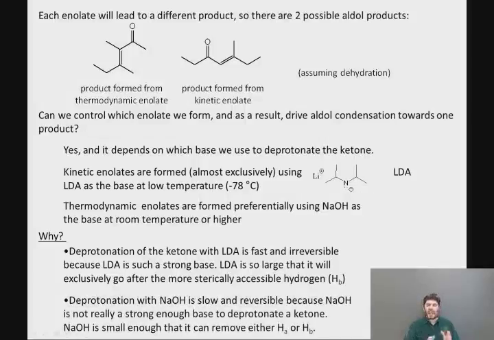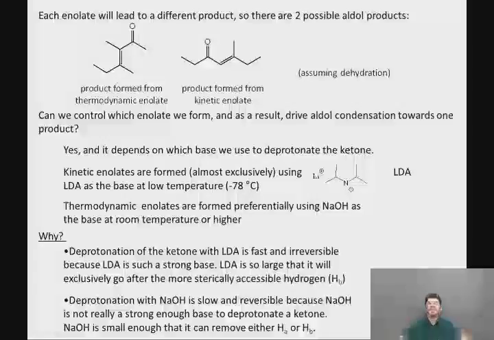Deprotonation with NaOH is going to be much slower because NaOH is not really a strong enough base to deprotonate a ketone. And then secondly, that reaction, the deprotonation with NaOH, will be reversible. You might remove a proton, but then you're going to put it right back onto another molecule of NaOH and generate water.